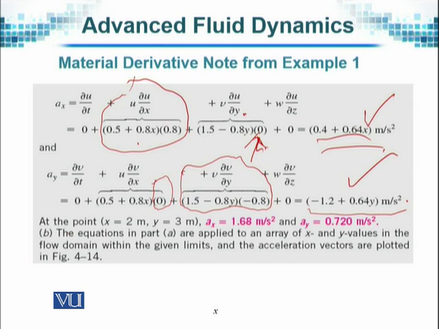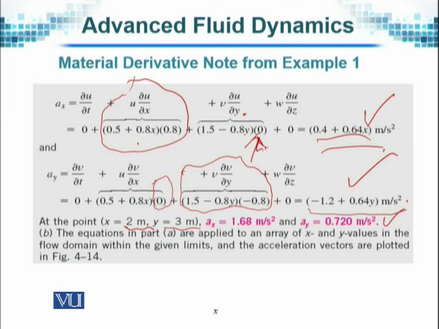At a given value of x and y, for example, let us say at x equal to 2 meters and y equal to 3 meters, ax, the acceleration in the x direction, will be 1.68 meters per second square, and the acceleration in the y direction will be 0.72 meters per second square. And similarly, these equations can be evaluated for the other components also.